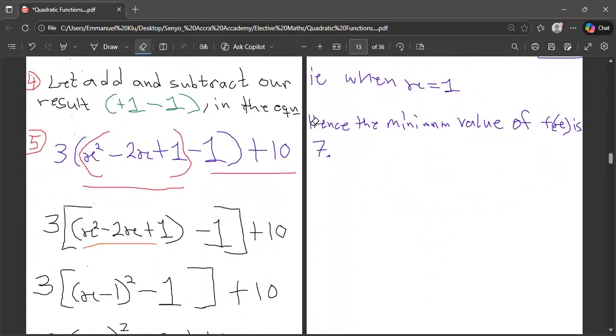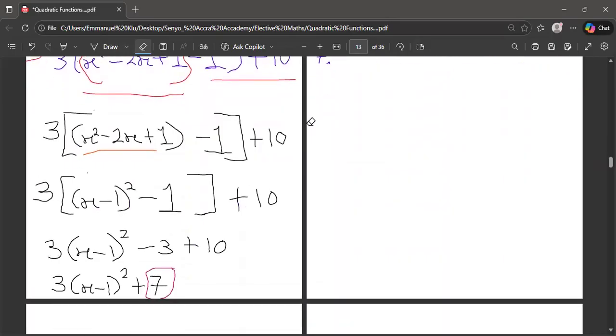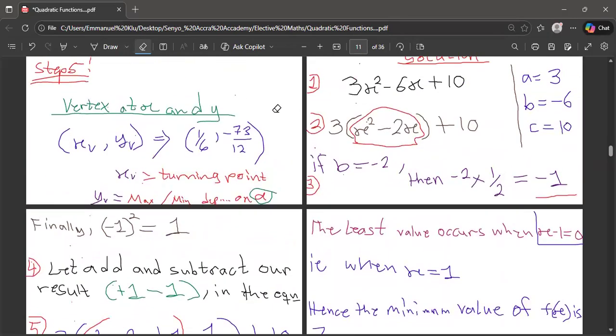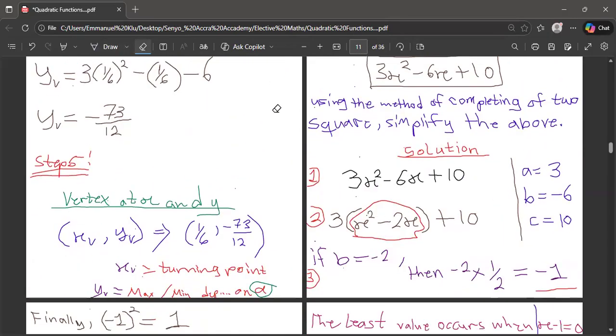You don't like this method? Is it something you think is too complicated?